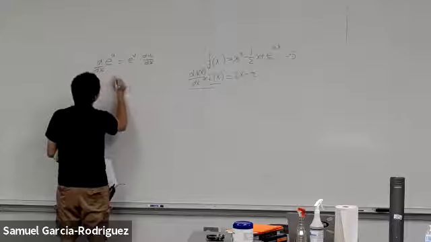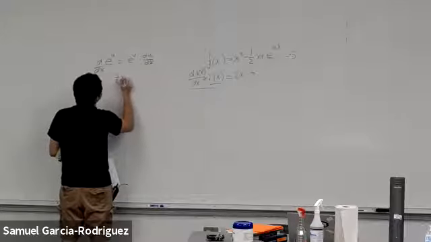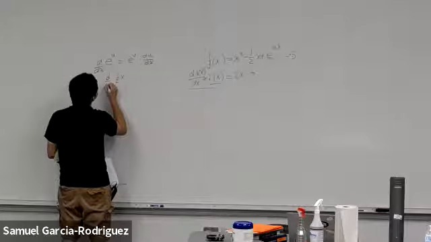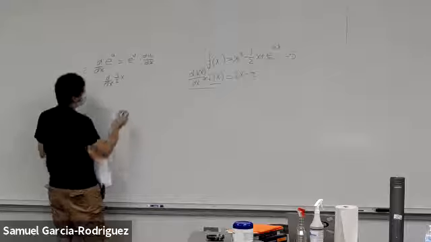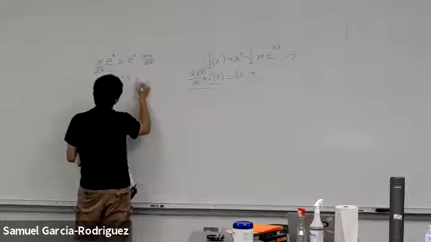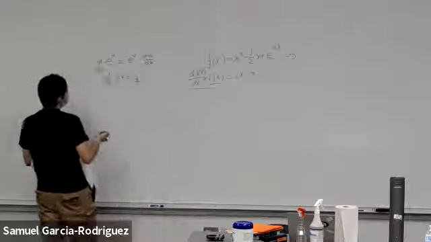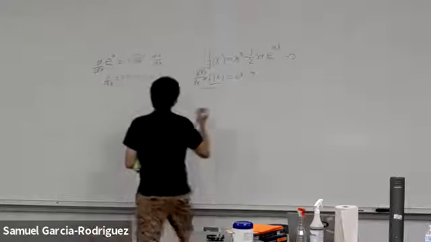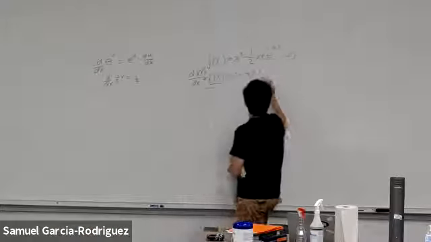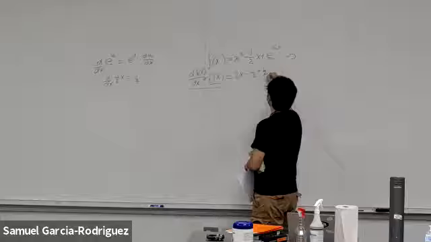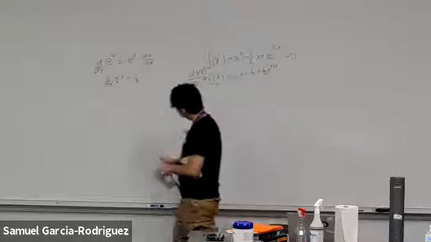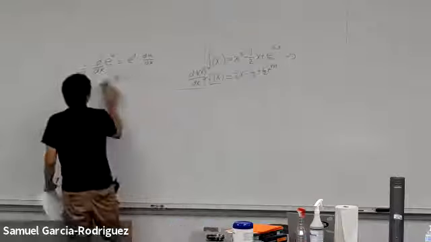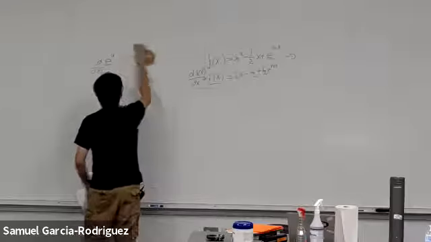The derivative of 1/2 x is 1/2. So the derivative of e to the 1/2 x is just 1/2 times e to the 1/2 x. The next part is just minus 5.